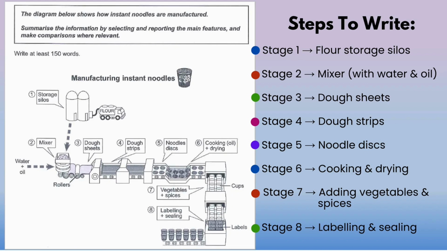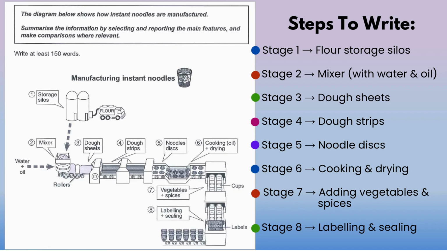Then it is sent to a mixer, and the dough is mixed with water and oil. With the roller, it is converted to dough sheets. And in stage 4, the dough is cut into strips. In stage 5, noodle disc is prepared. Stage 6 consists of cooking and drying.